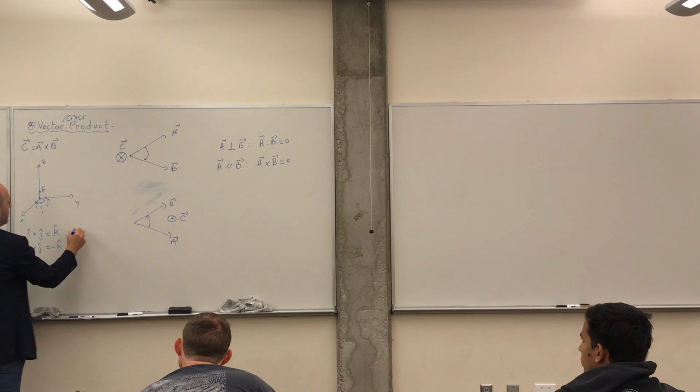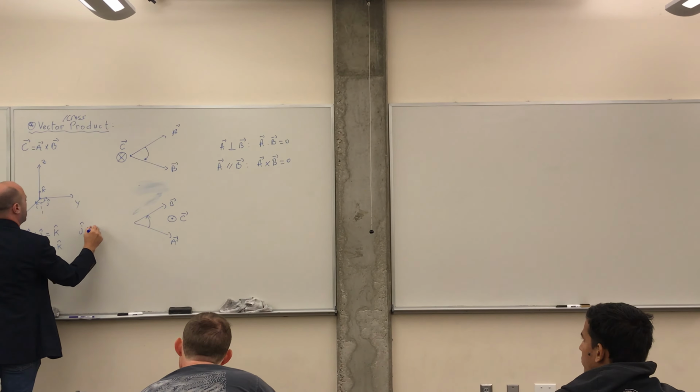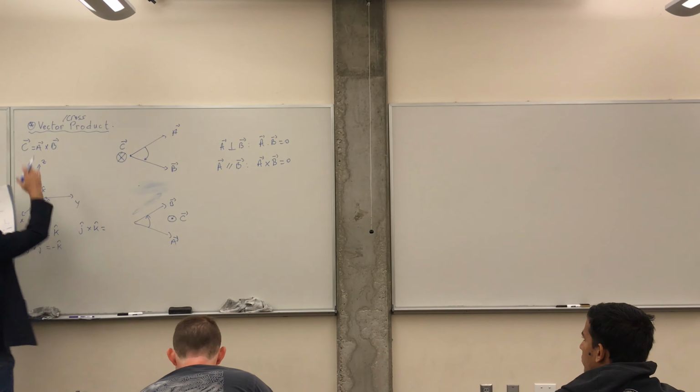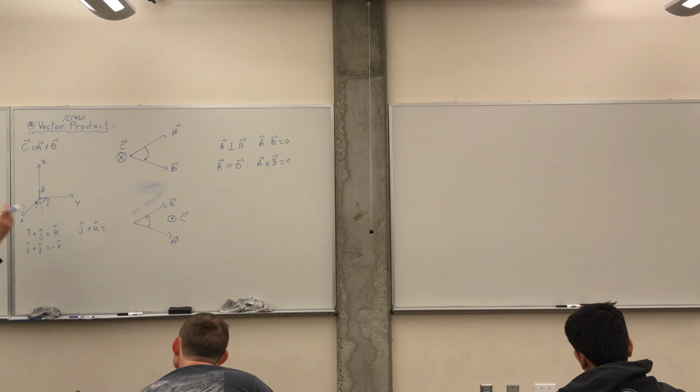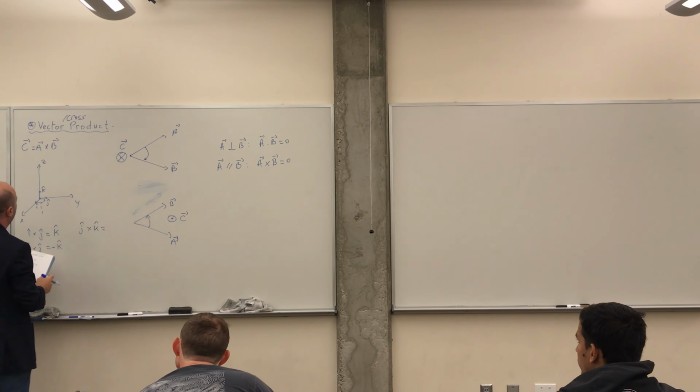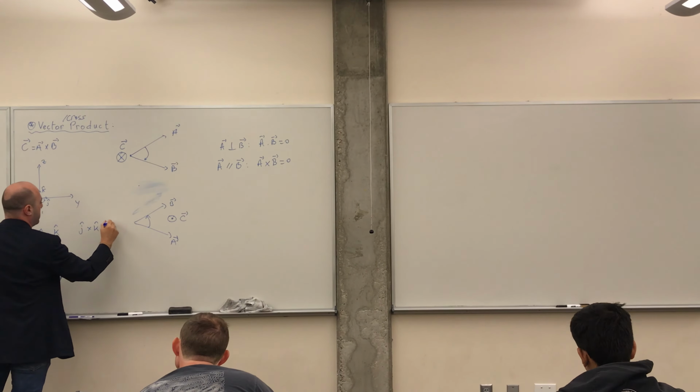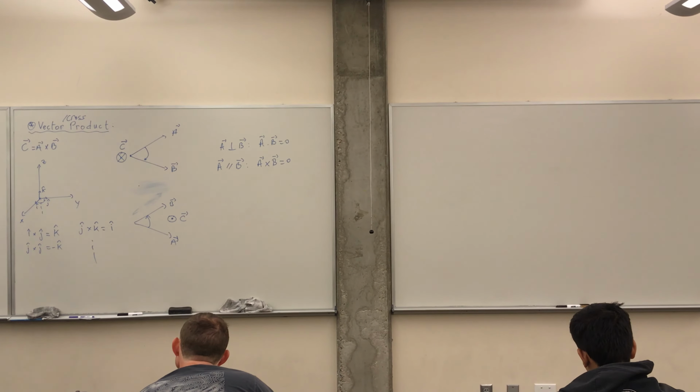Same thing you can do, J cross K. Those will be helpful when we are doing vector multiplications. So J cross K is going to give you I, etc., etc.